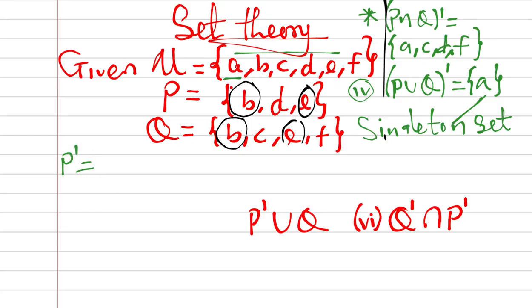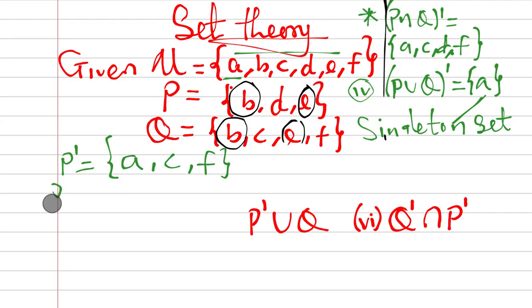Your P prime are elements that are in the universal set but not in P. So let's list that. I have A, C, D is there, then F. A, C, then F. Those are the elements that are in the universal set but not in P.